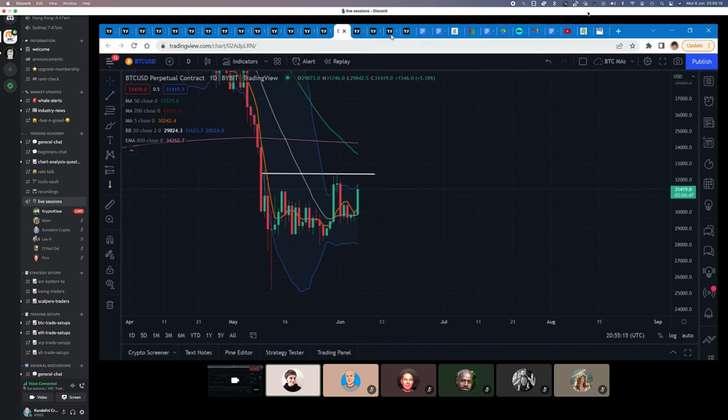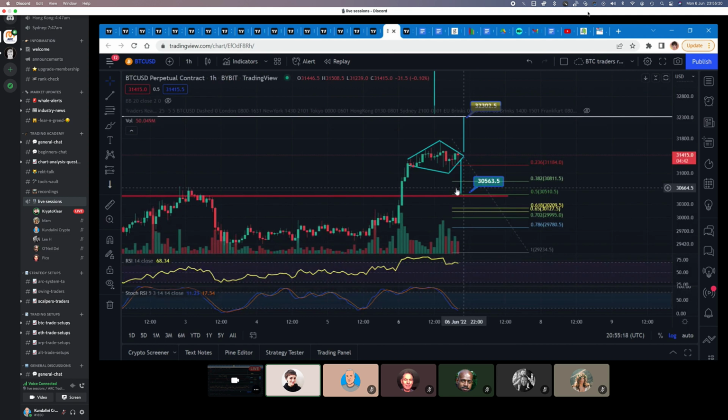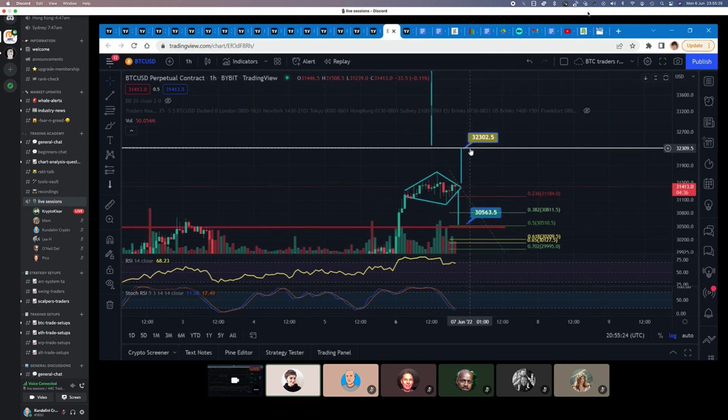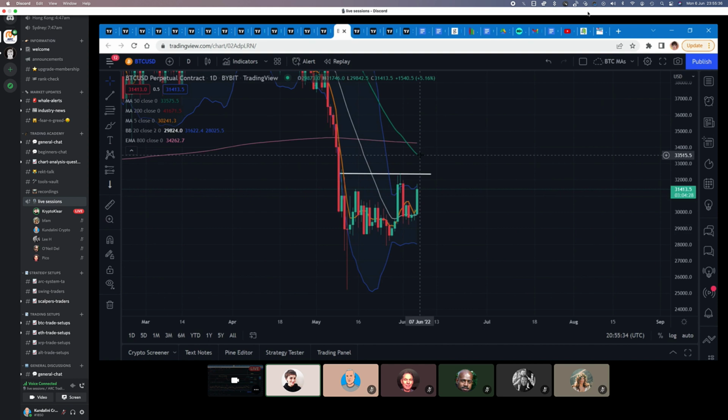If we do go up to the 32.3 and we stay there and we make a small correction and we consolidate there, the MAs on the daily give us nice levels.